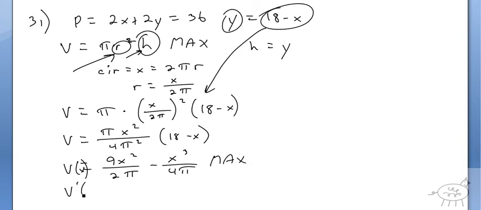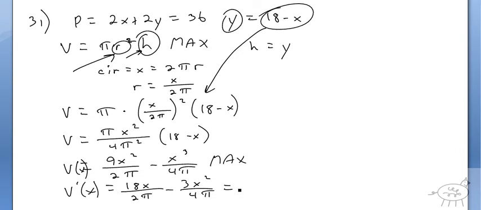So v prime of x is equal to, I can do the quotient rule, but I'm not going to because it's just a constant on the bottom. So it's really going to be 18x over 2 pi minus 3x squared over 4 pi.